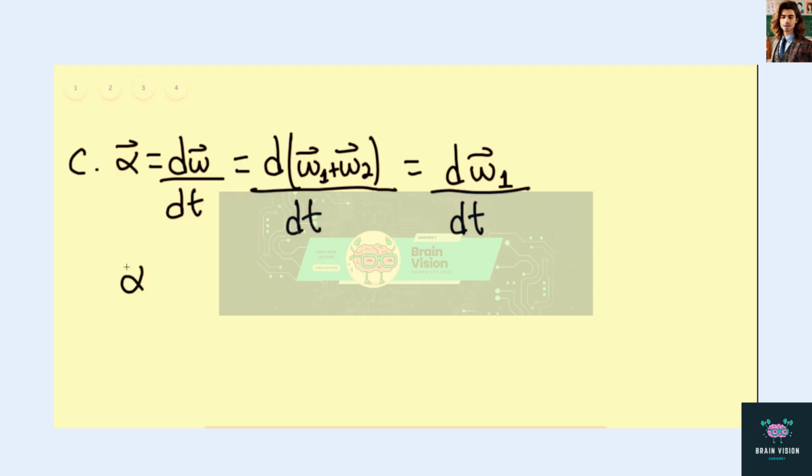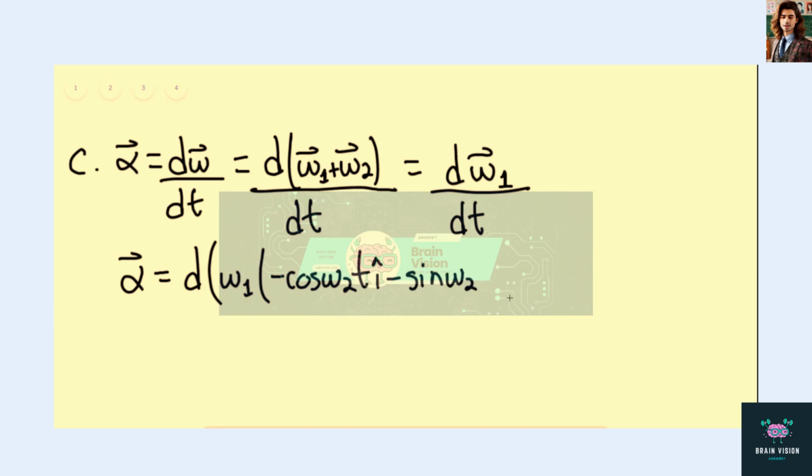And we can then say alpha equals d of omega sub 1 times negative cosine omega sub 2 t i hat minus sine of omega sub 2 t j hat, with respect to time.